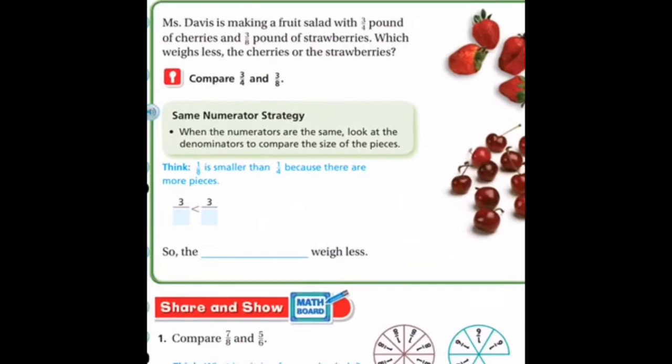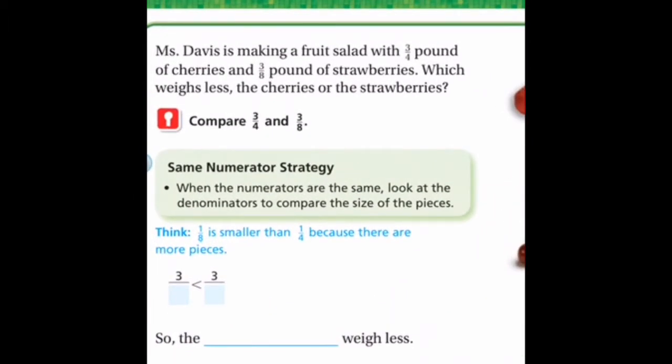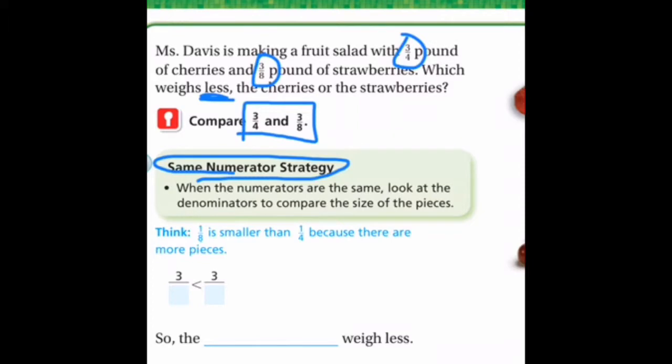Page 526. It says Miss Davis is making a fruit salad with 3/4 pound of cherries and 3/8 pound of strawberries. Which weighs less, the cherries or the strawberries? So we're comparing 3/4 and 3/8 to see which one weighs less. And here we're using the same numerator strategy.